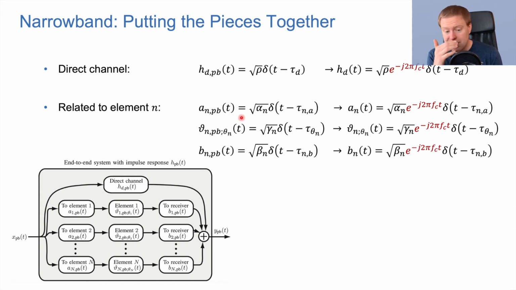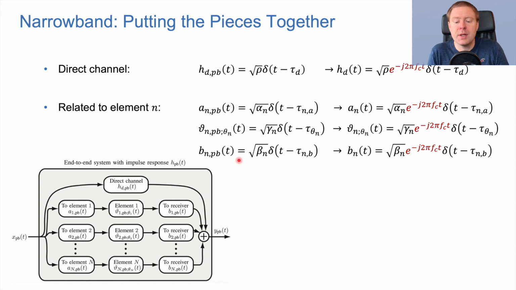For the channel related to element n, we had alpha n, and the square root, this is the amplitude loss determined by the channel from the transmitter to the surface. And there's delay, tau na, that we're having. And in the complex baseband, we get the same expression, we just multiply with e to the power minus j2 pi fc t again, and fc is still the carrier frequency.